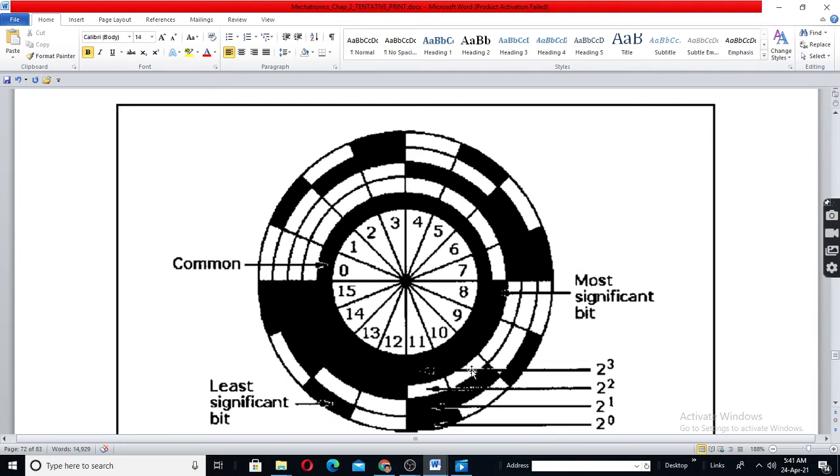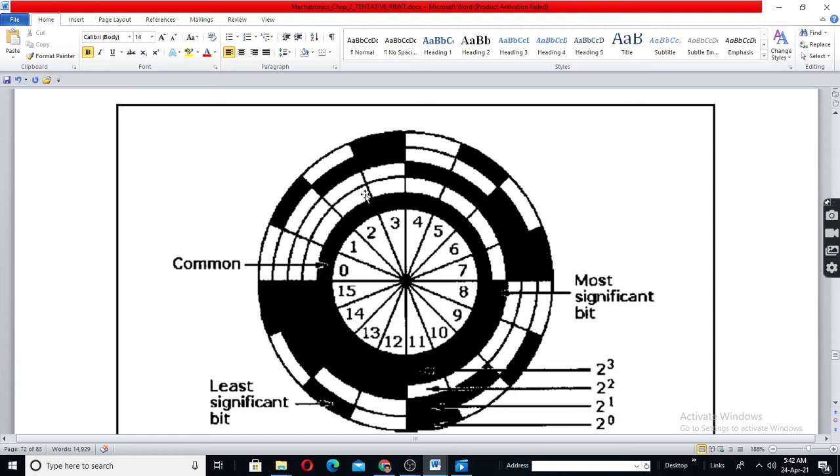Next one, only 2 pulses. See here, this is 1 pulse. Okay, sorry, here this one and this one. Okay, and the MSB will give only 1 pulse per rotation.